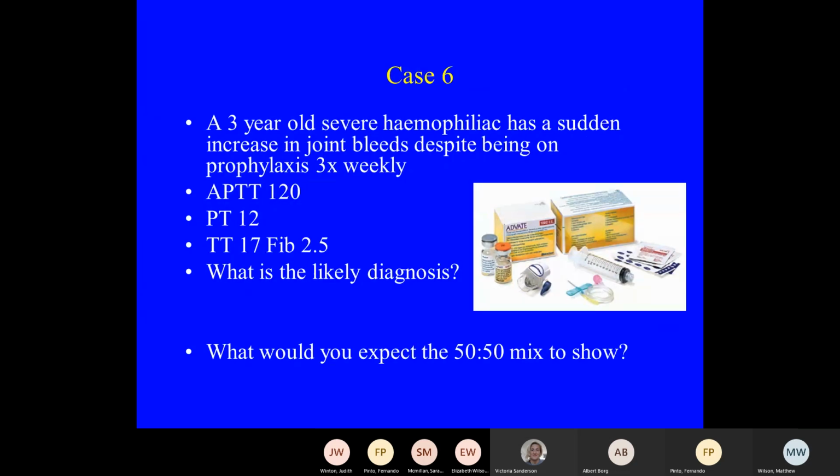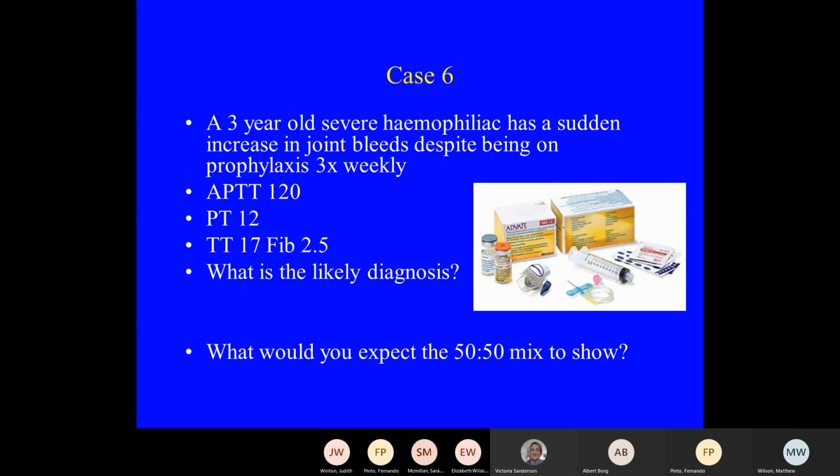So case 6, moving on, 3-year-old severe hemophiliac has a sudden increase in joint bleeds despite being on prophylaxis 3 times a week with recombinant factor. So the APTT is prolonged. If it's pre-prophylaxis day, it will be prolonged anyway because the factor level will be low, hopefully above 1, but low.